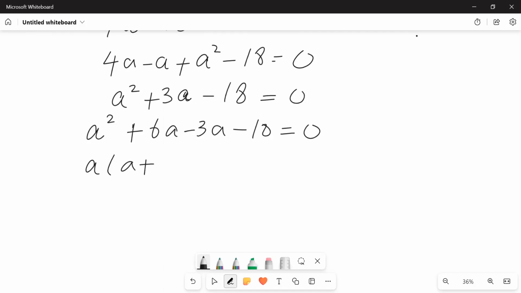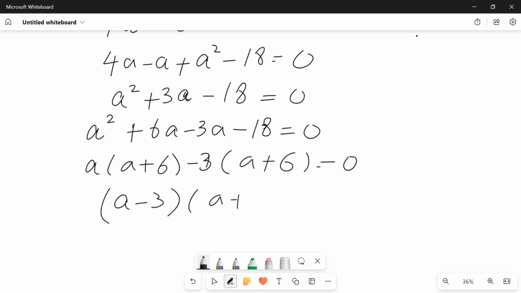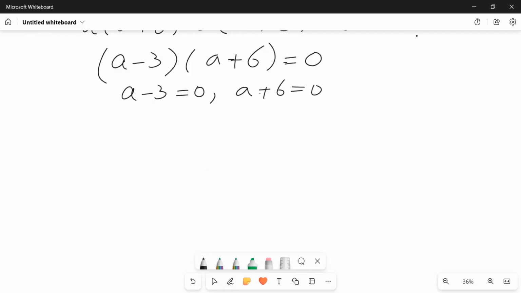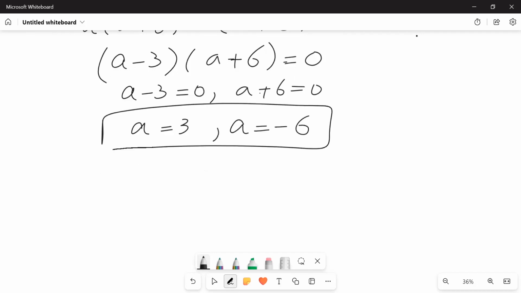It is a plus 6, a minus 3 equal to 0. Now a minus 3 and a plus 6 is equal to 0, right? Then a minus 3 is equal to 0 and a plus 6 is equal to 0. The next step is a is equal to 3 and a is equal to minus 6. These are the values.